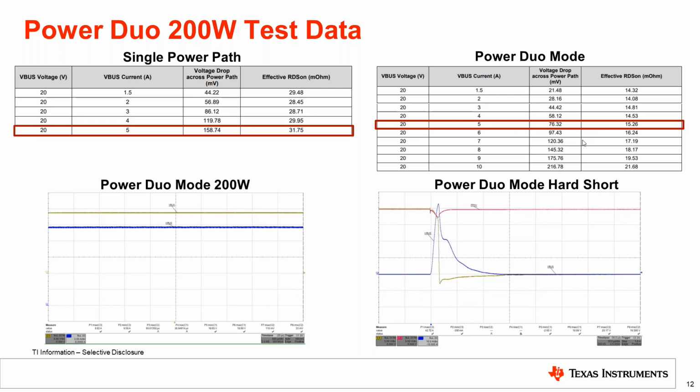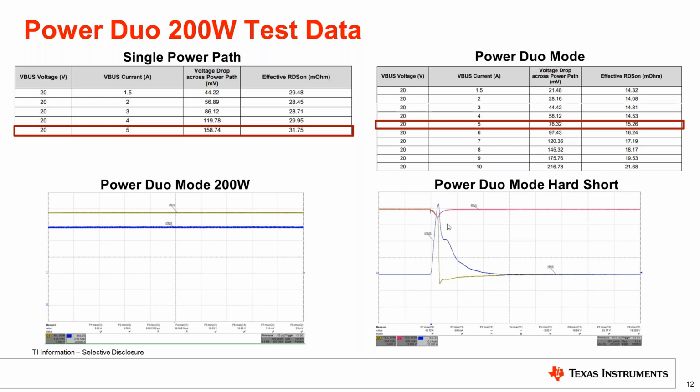Although the Type-C PD spec does not allow for it, these power paths can support up to 20 volts at 10 amps. So doing that test, when we're just testing the internal power paths at 20 volts at 10 amps, we can see an effective RDS-on of roughly 22 milliohms.